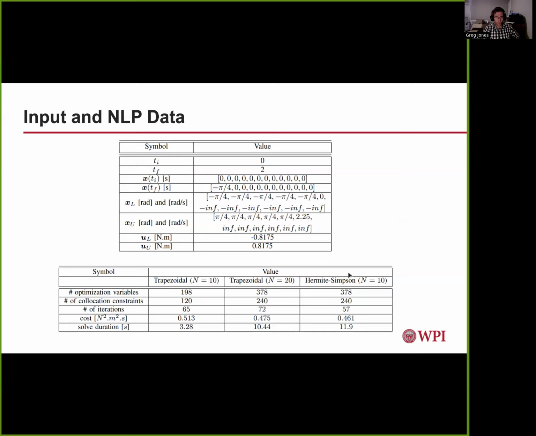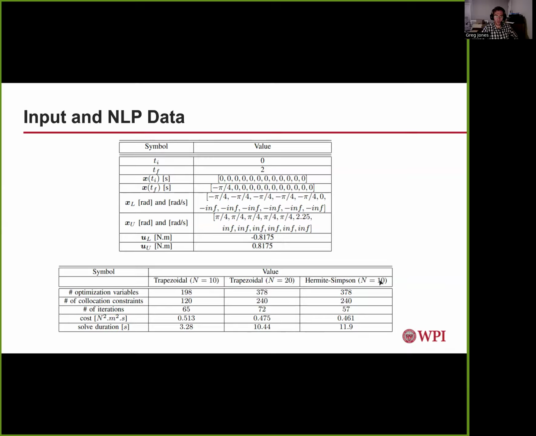And then the lower table is some data about the NLP problem and the actual iteration process. These values were recorded for the trapezoidal algorithm with 10 trajectory segments, as well as 20.